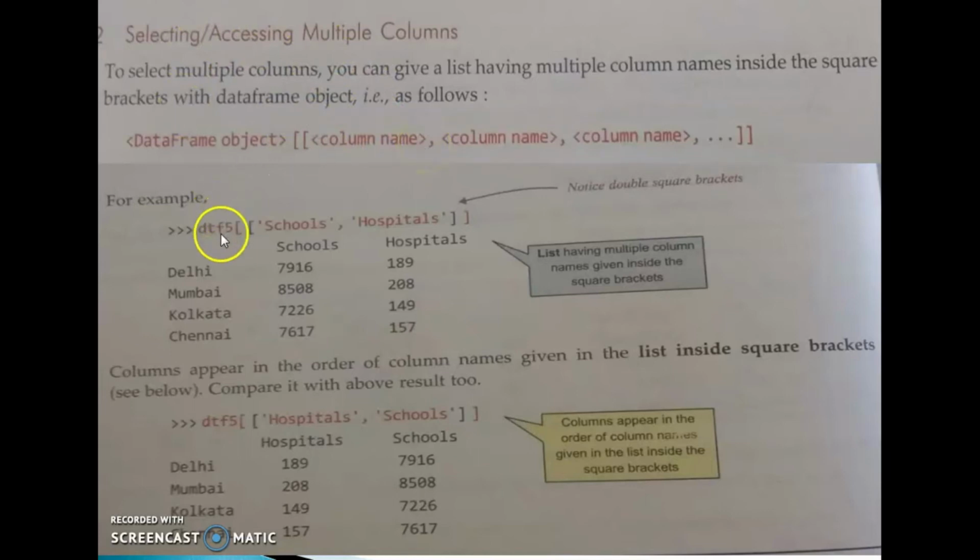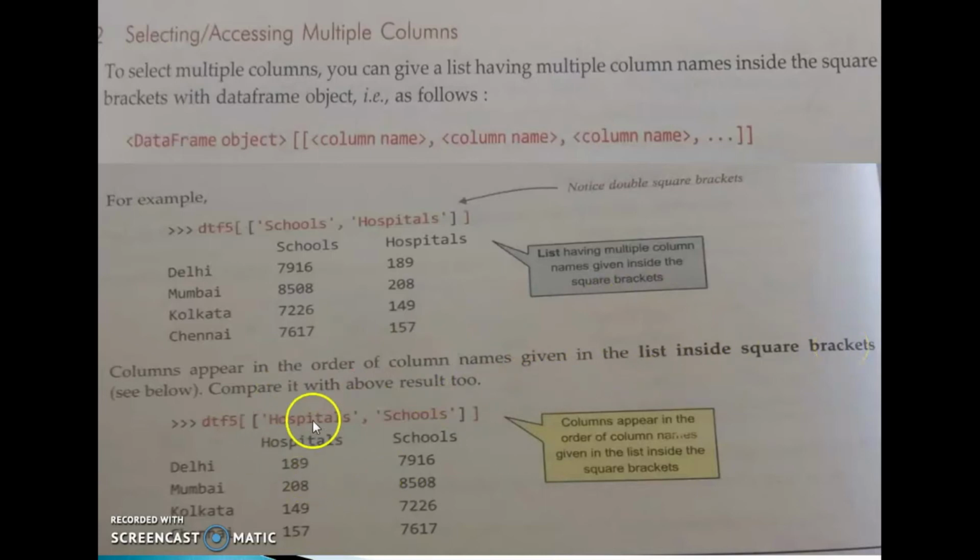Okay. DTF5, first square bracket, then list square bracket: schools, comma, hospitals. A list having multiple column names is given inside the square brackets. Then columns appear in the order of column names given in the list inside the square brackets.